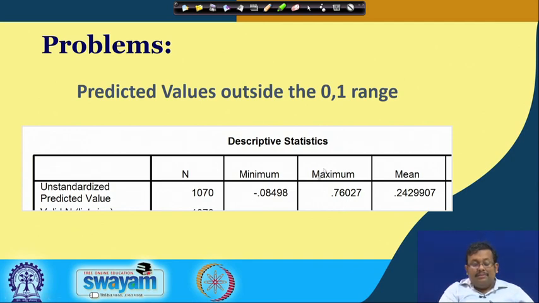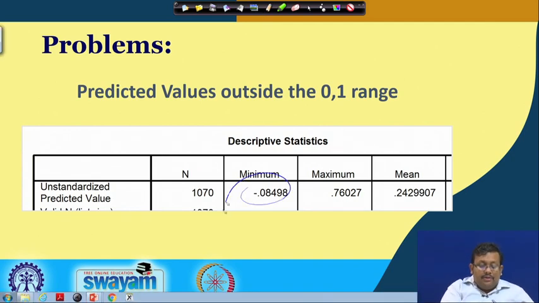You can see the minimum value here is less than 0, which is not possible. These are predicted values outside the 0 to 1 range. So, this is the problem in the case of ordinary least squares when we have limited numbers of outcomes.